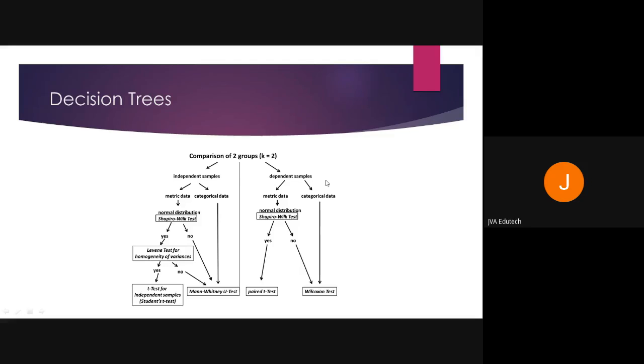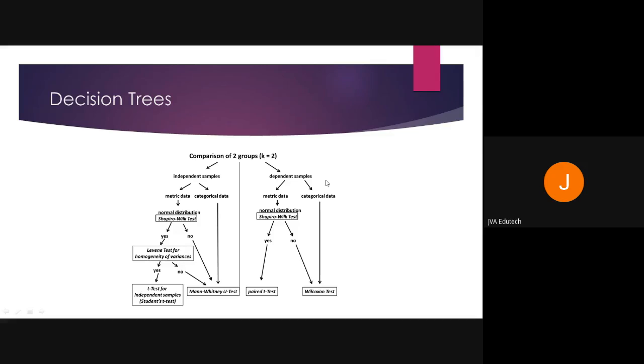DV is the variable that gets affected, and in a system, it's endogenous in nature. Sorry, it's exogenous in nature. Dependent variable is exogenous in nature. Exogenous variable means it's out of the system. It does not exist in the system.